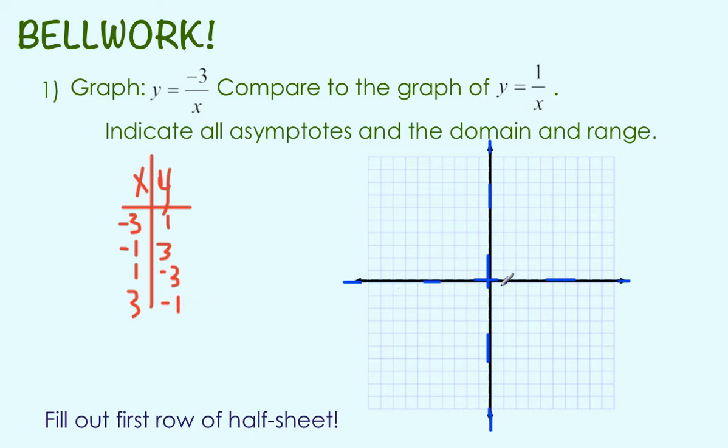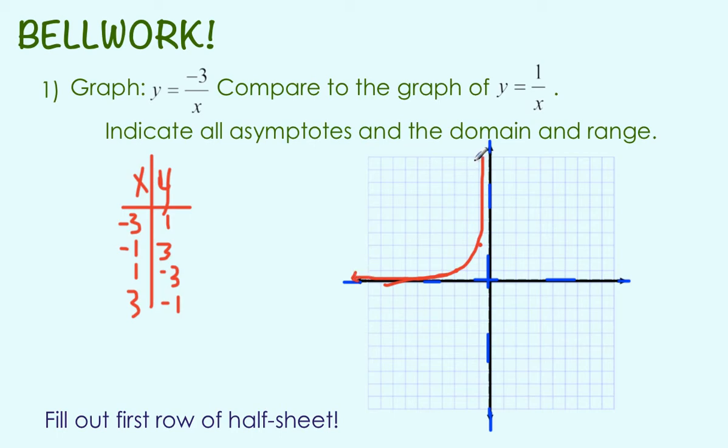Remember, our asymptotes, we can't be at 0, so if I'm going to plot these, there's obviously not going to be one here at 0. So here is (-3, 1), (-1, 3), and I'll try this. Okay, it can't cross there, right?